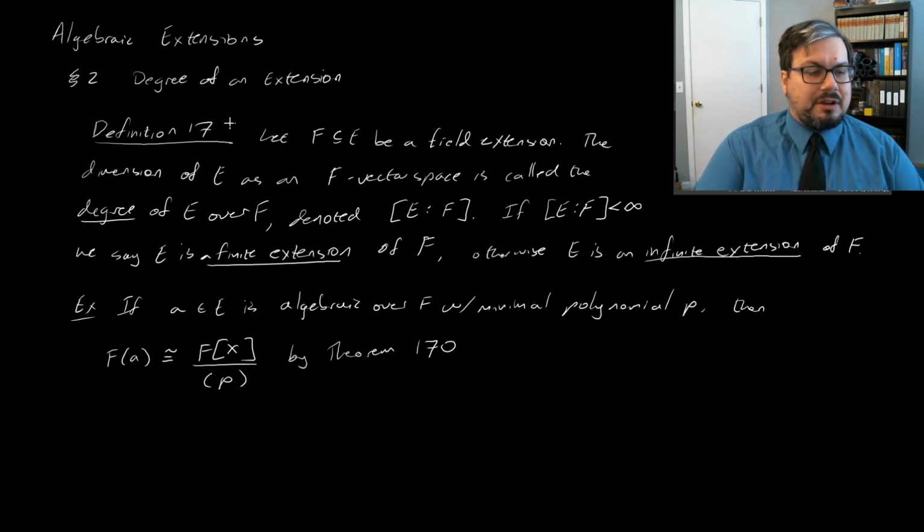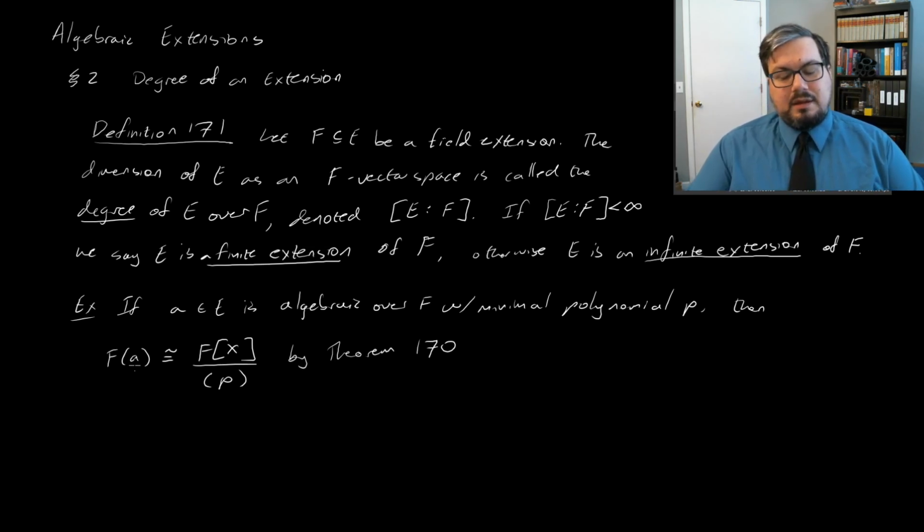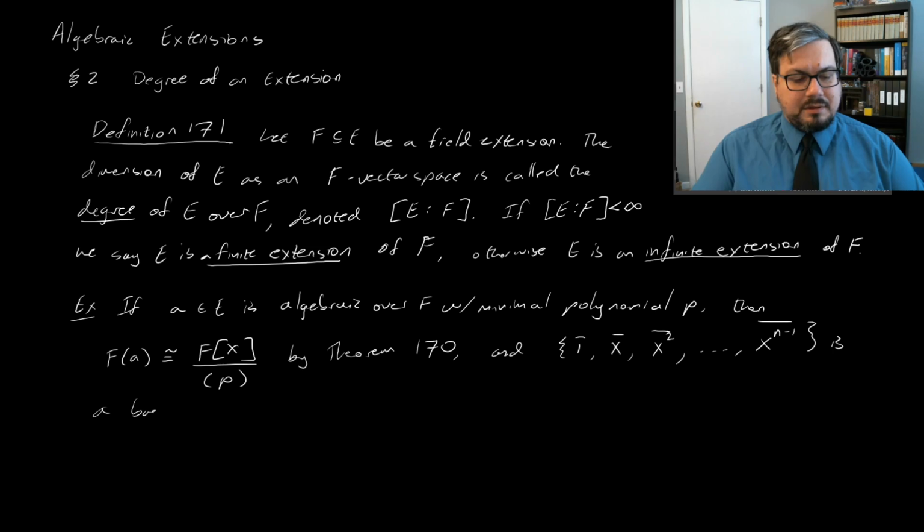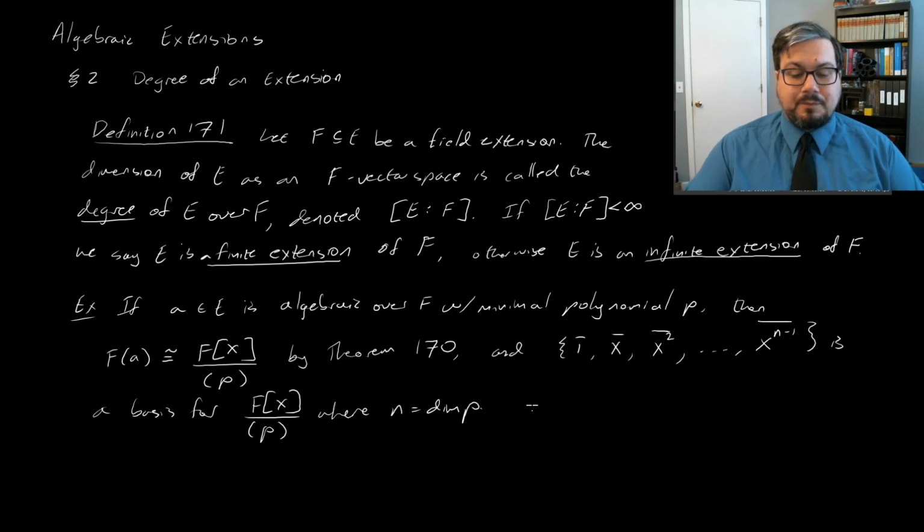This is actually definition 171. So in particular, we can describe a basis for this vector space on the right as an F vector space. So 1 bar, x bar, x squared bar, up to x^(n-1) bar is a basis for the field on the right, F[x] mod p, where n is the degree of p.